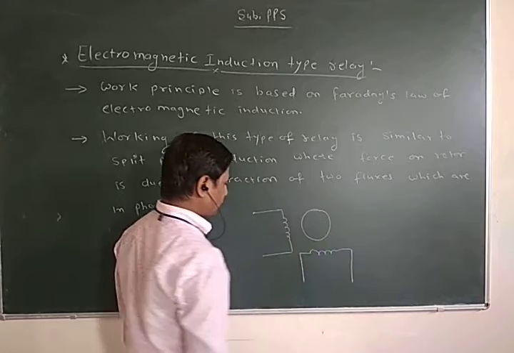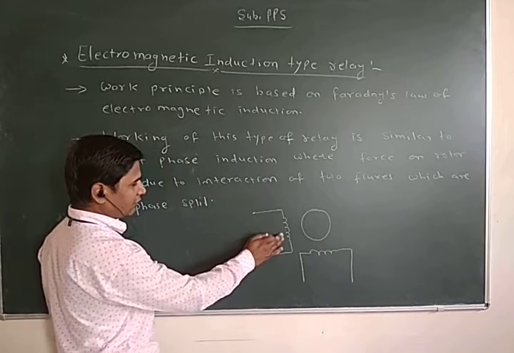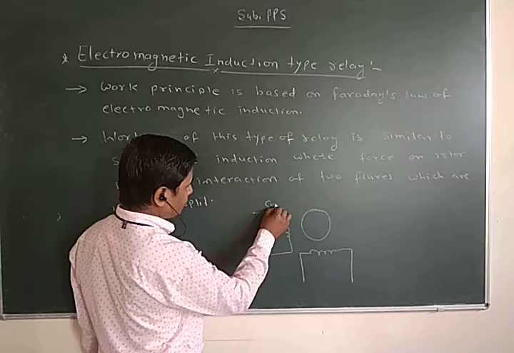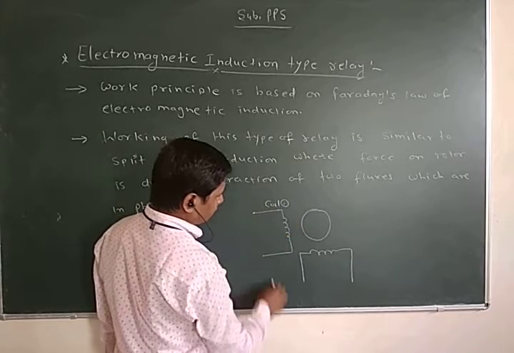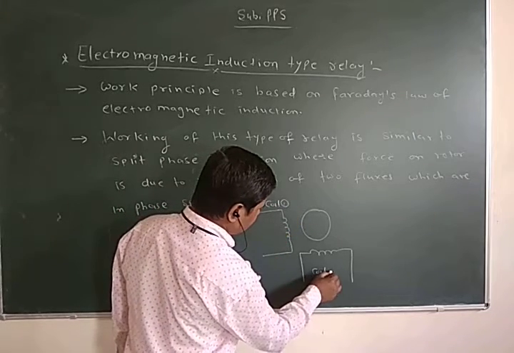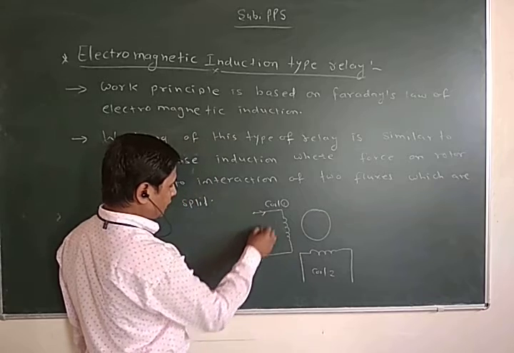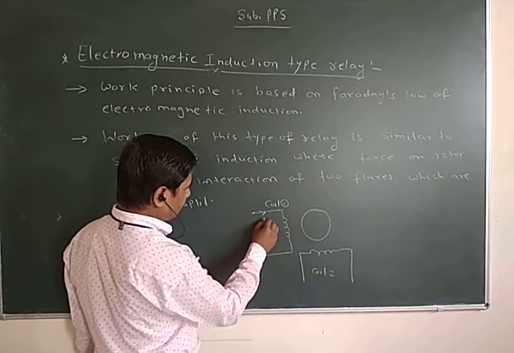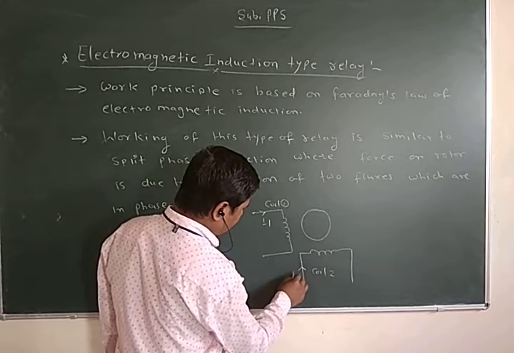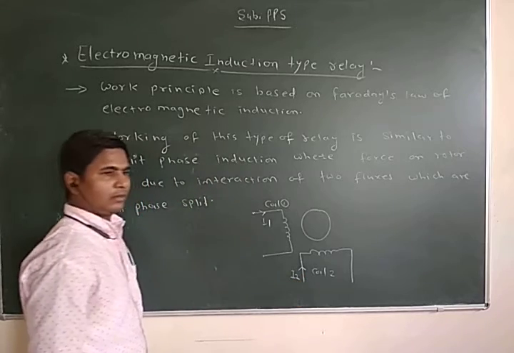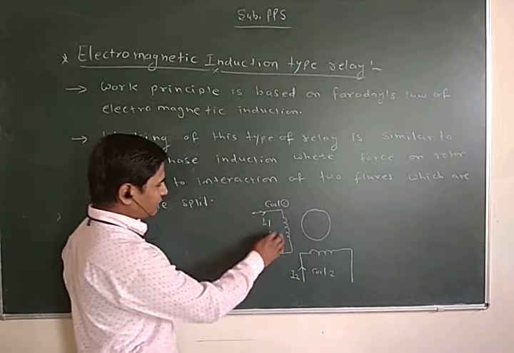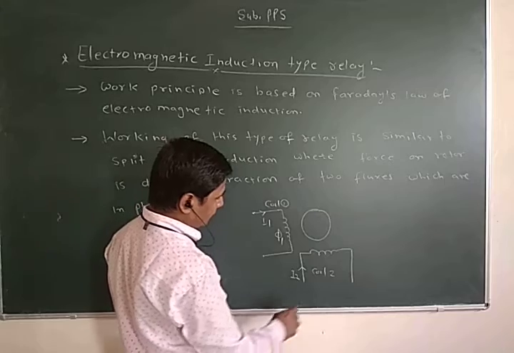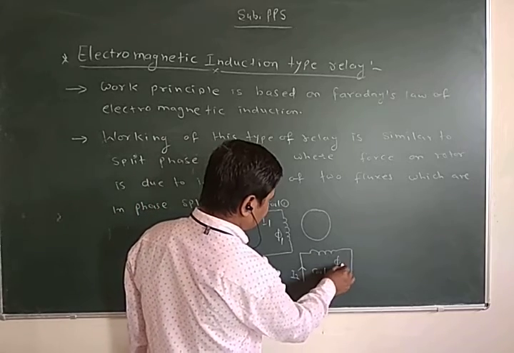So, suppose this is coil 1 and this is coil 2. Current in coil 1 is I1 and in coil 2 is I2. Due to current I1 the flux is Phi1, and due to coil 2 the flux is Phi2.